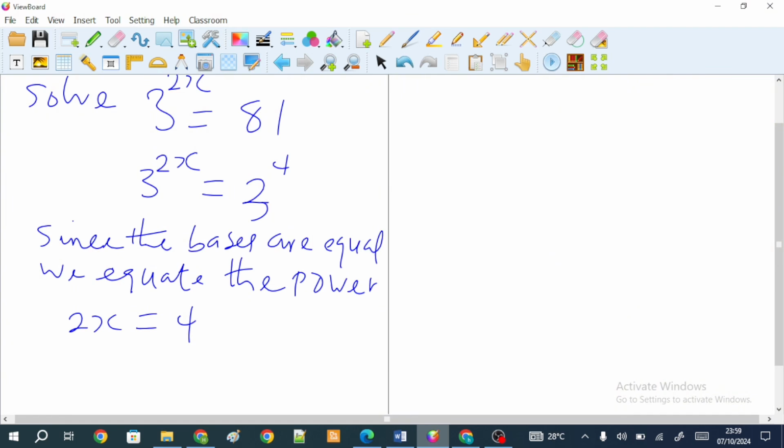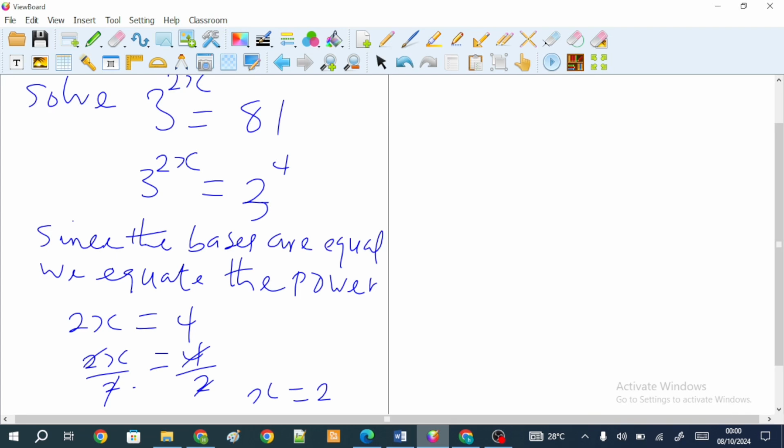In this case, we're going to divide both sides by 2, because 2 is the coefficient of x. So 2x divided by 2 gives us x, and 4 divided by 2 gives us 2. So our x is equal to 2.